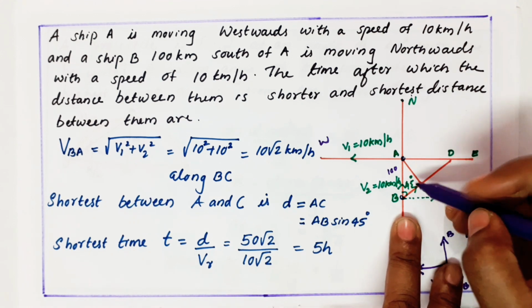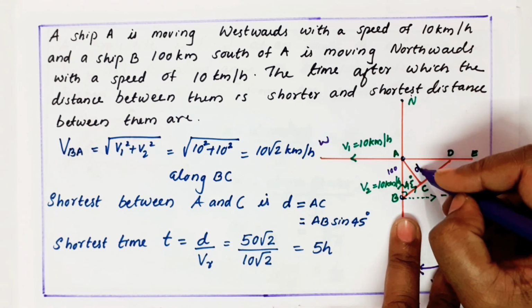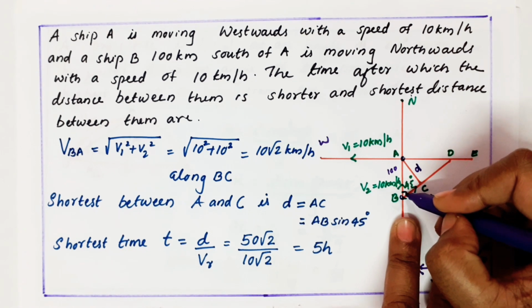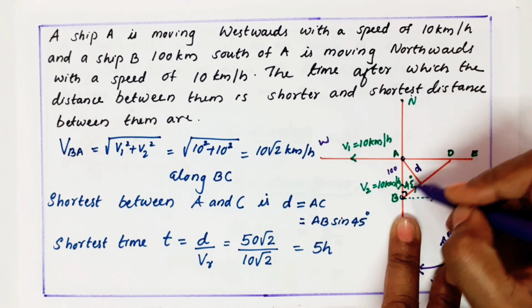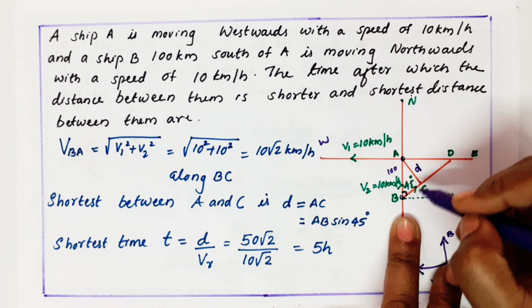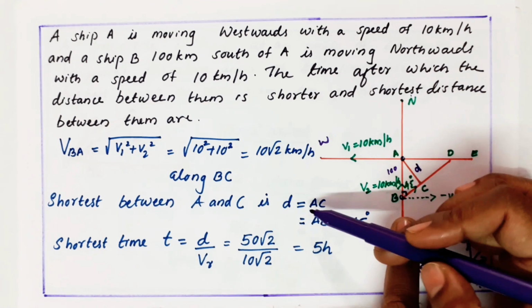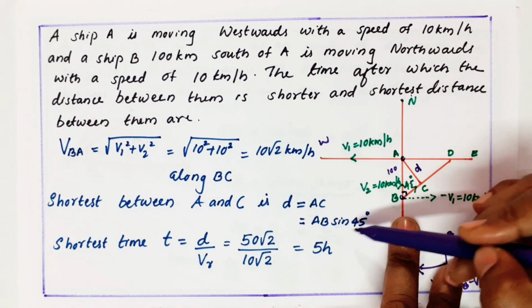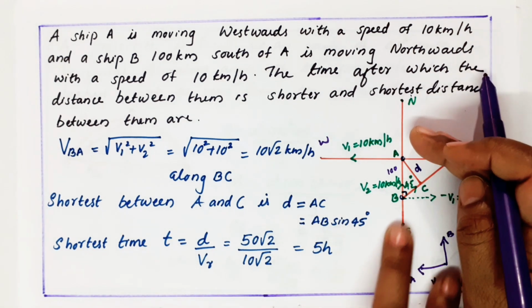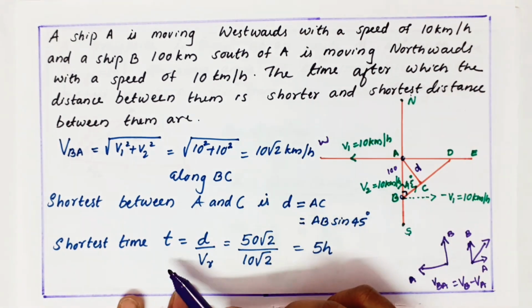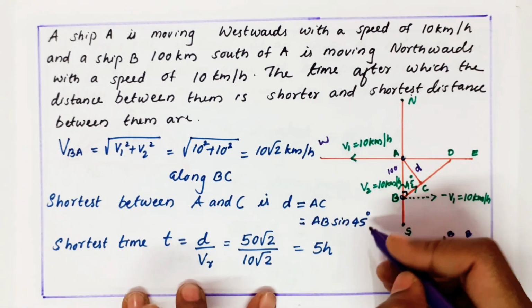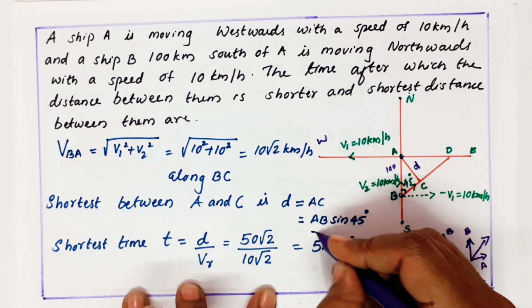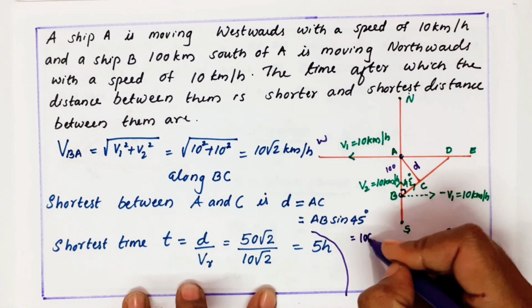So I can find here what this D is. D is nothing but, with respect to this angle theta, sin theta is equal to opposite side by hypotenuse. Opposite side is equal to AC, that is equal to AB sin 45. After finding this, you can find the time. So the shortest distance is AB sin 45, which is 100 by root 2.